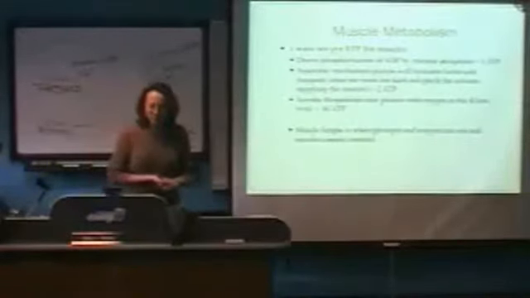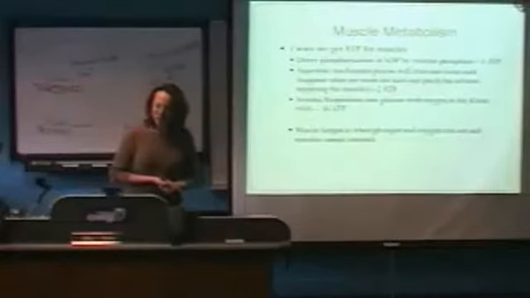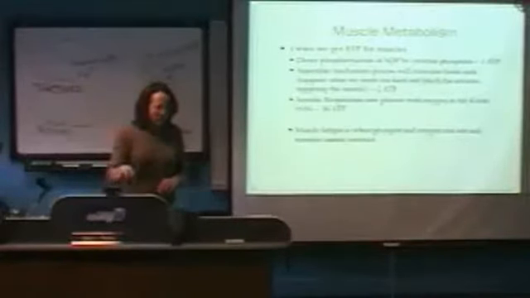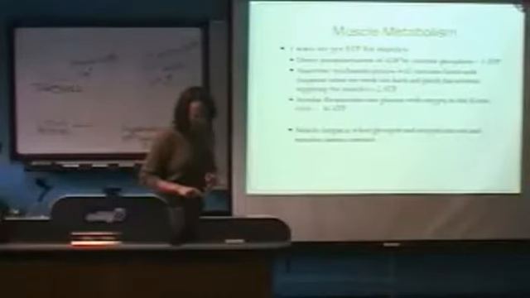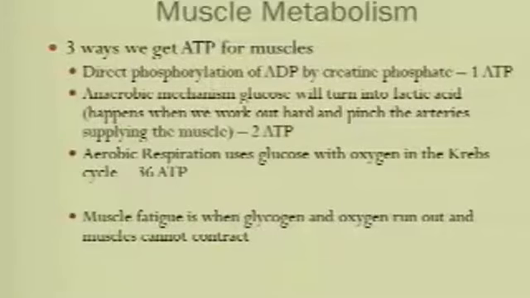Muscle metabolism. I'm going to zoom in on this PowerPoint so you can see this. If you remember, we've got ATP. Now, ATP is adenosine triphosphate. It's a high energy molecule.